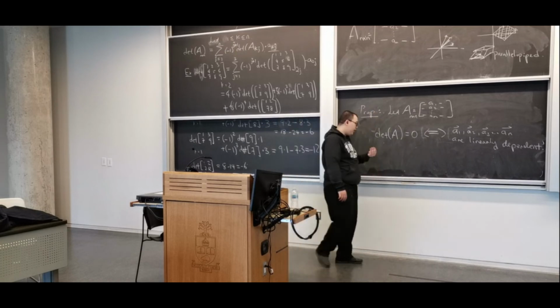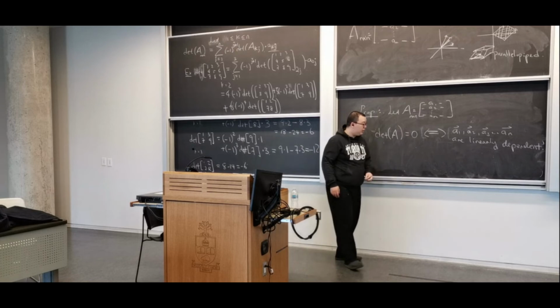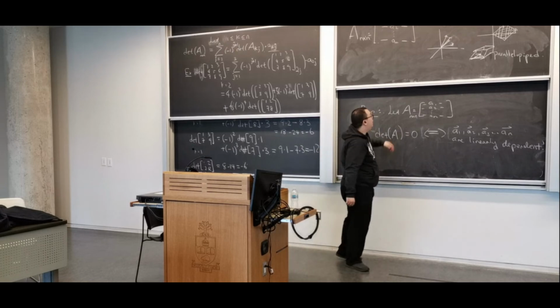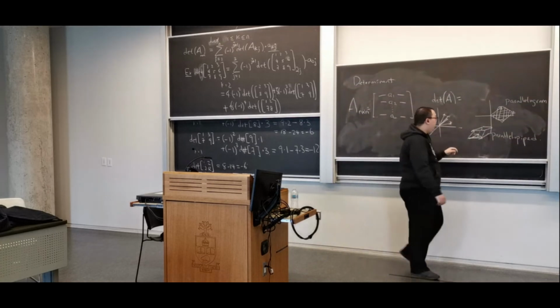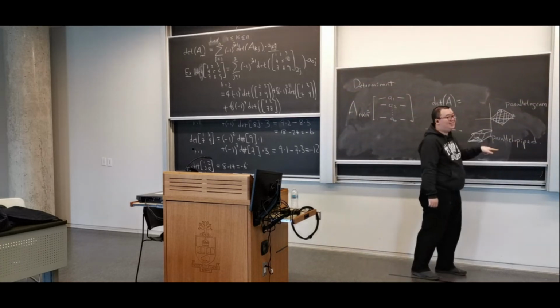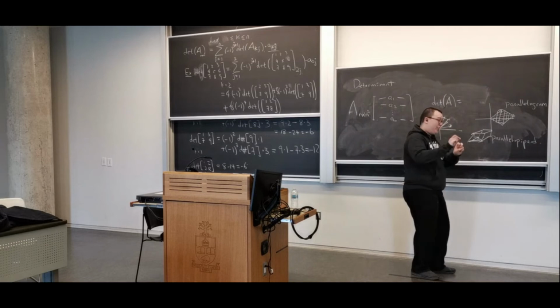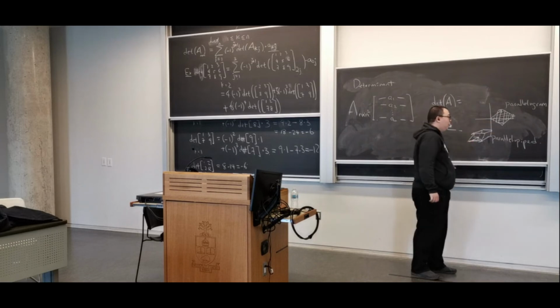And yes, the reason why this thing equals 0 is precisely because, remember what the determinant of A is trying to measure. Determinant of A is trying to measure some kind of a measure. In this case, area or volume, right?